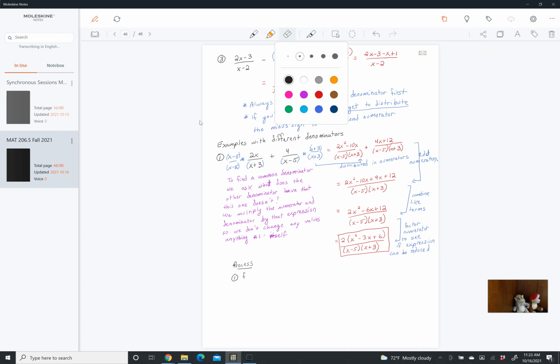So on occasion, you can skip this first step, right? Because in the first 3 examples that we did, we already had a common denominator. The next step is to distribute. What does this mean? This means that you're rewriting the fractions with your common denominator.